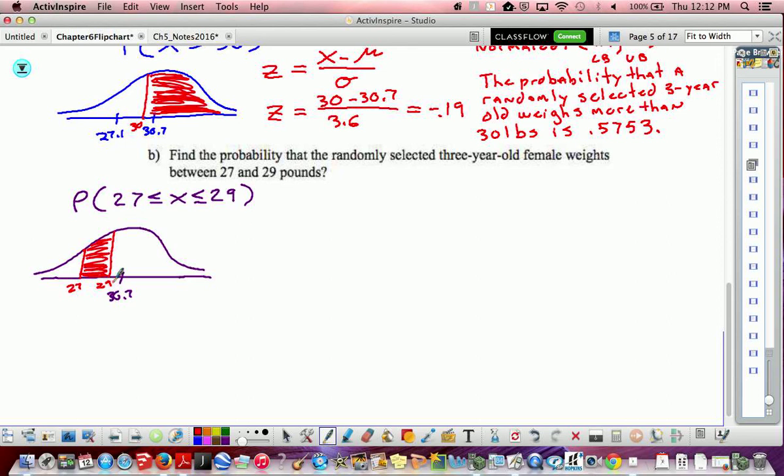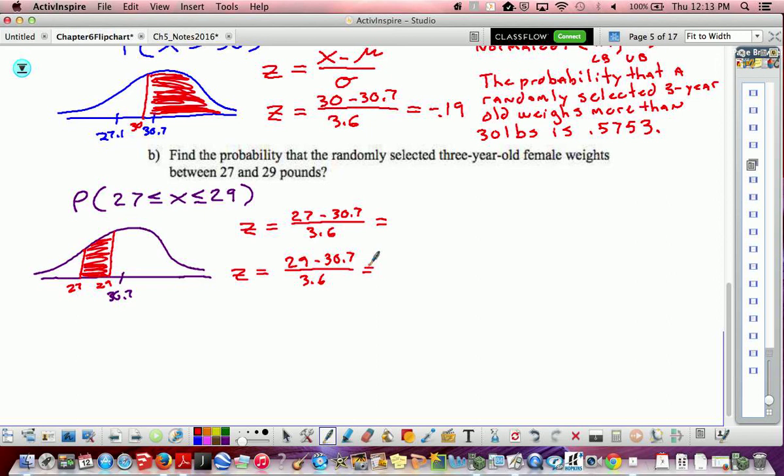I have to calculate not 1, but 2 z-scores. I'm going to go 27 minus my mean 30.7 divided by 3.6. And then 29 minus 30.7 divided by 3.6.